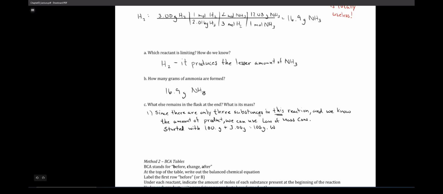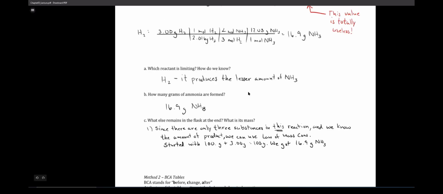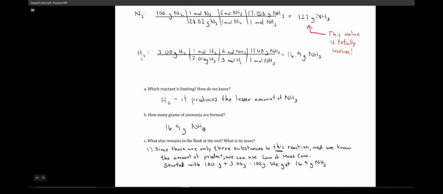We got 16.9 grams of ammonia. And what do we know about hydrogen at this point? Very important. What do we know about hydrogen since it was limiting? It was all used up, right? So we got 16.9 grams of ammonia, and we have 0 grams of hydrogen left because it was limiting.